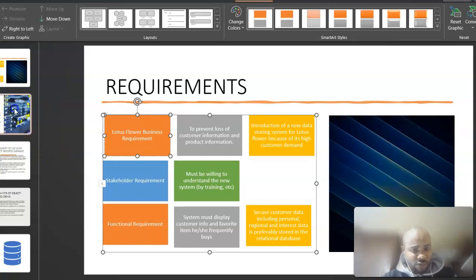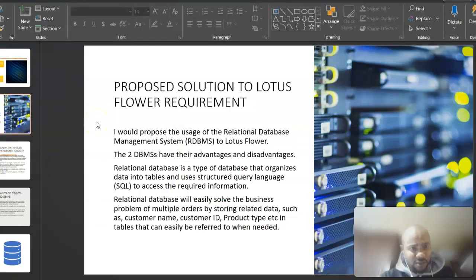Moving forward, for my proposed solution to the business problem, I would propose the usage of a relational database management system for Lotus Flower. Though the two database systems have their advantages and disadvantages, we are comparing the relational database system and the object-oriented database system.